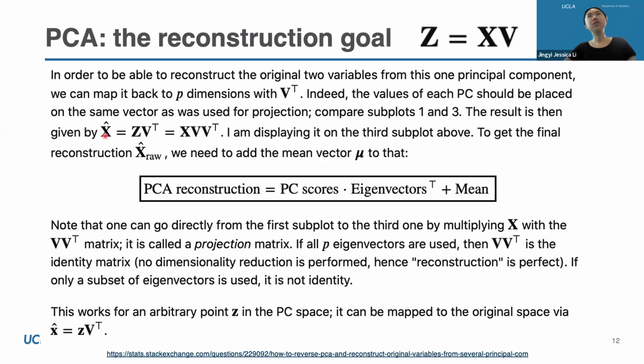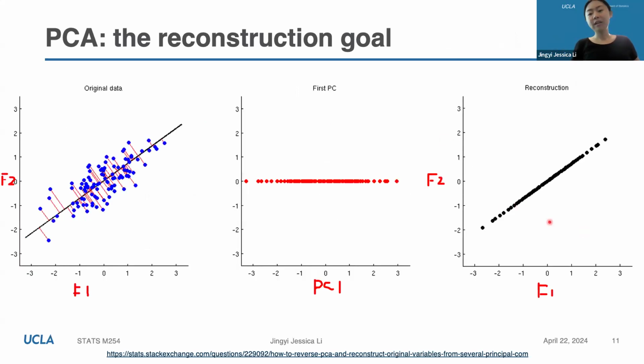So essentially, you can think of X hat as having less dimensionality than the original X, which is reflected here. Here this is X hat, this is X, and you can see they are in the same space.